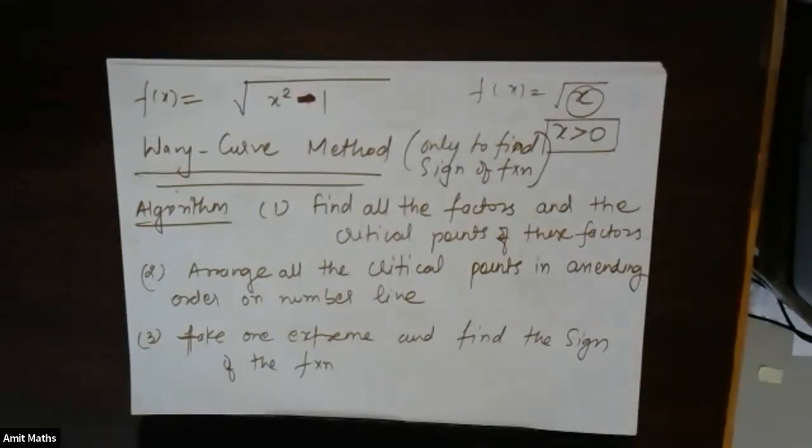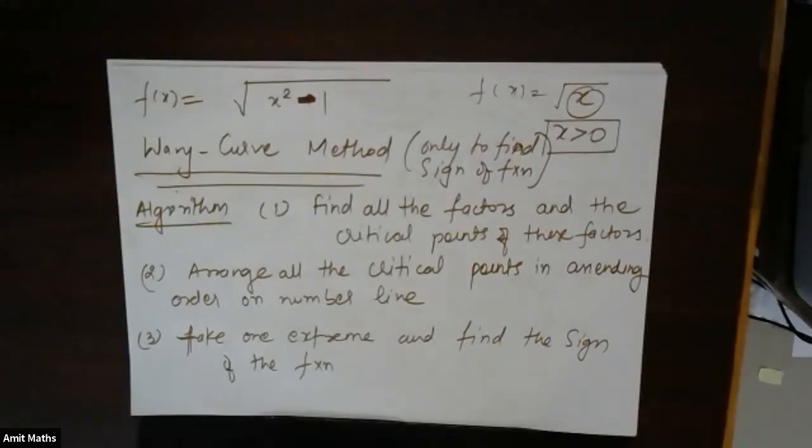Even if I take x as -1, it will give me +1. So it is not independent of x. It is the whole function which gives you positive or negative. That is why before minus 2 it is always positive, and after minus 2 and before minus 1, if the function takes values, it will be negative.